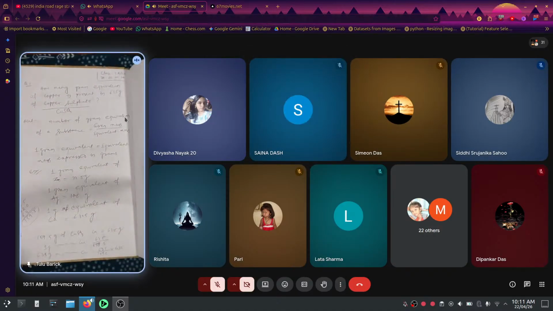Now, visible? In 159.5 gram of copper sulfate, the mass of copper present is 63.5. This part you have to understand, you have to follow the unitary method. You have to calculate in 159.5 gram of copper sulfate, what is the mass of copper present?